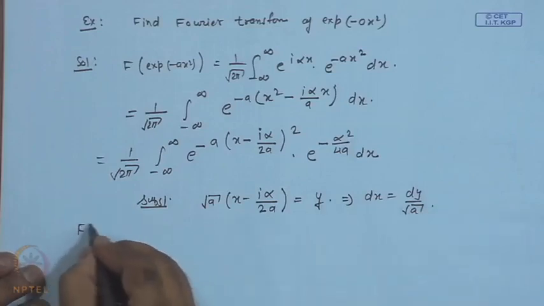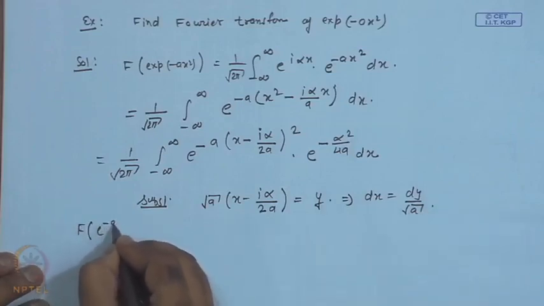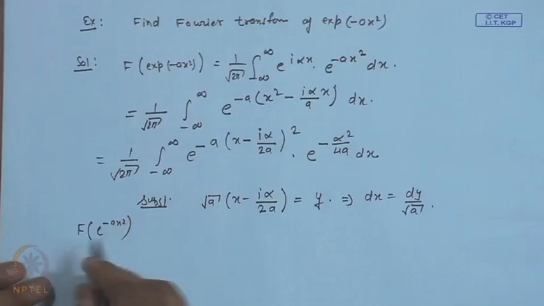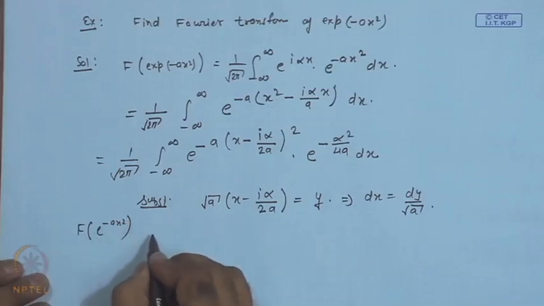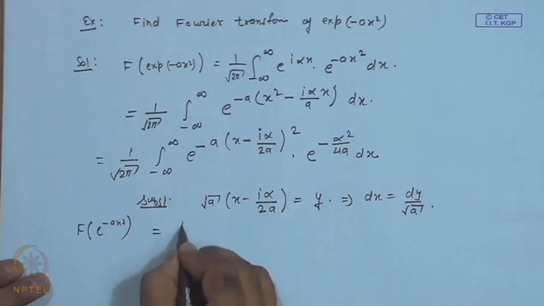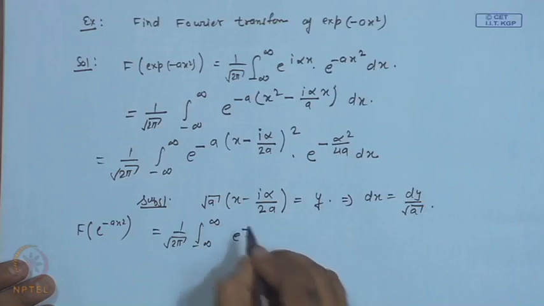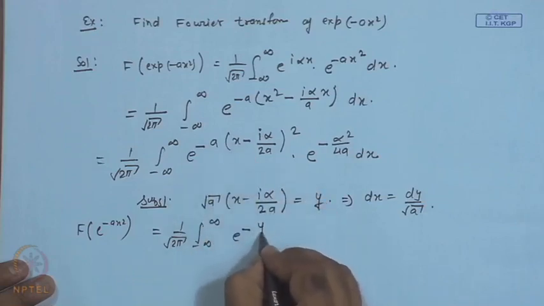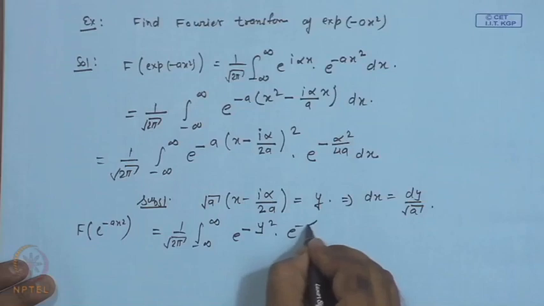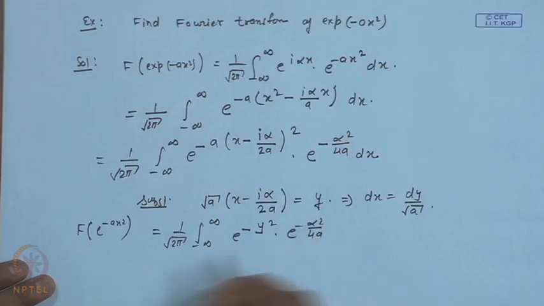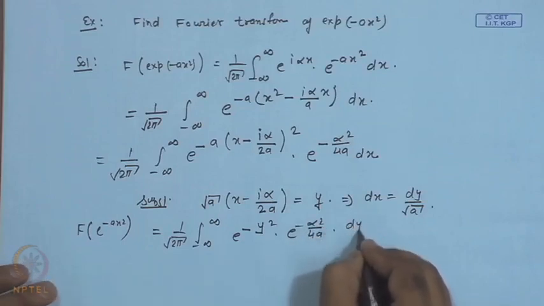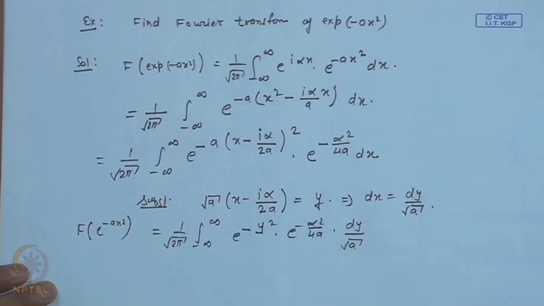So if we do that, what is our Fourier transform of e minus a x square? It is 1 over square root 2 pi, and we have minus infinity to plus infinity, so this is e power minus y square, and this e minus alpha square over 4a, and this dy over square root a.